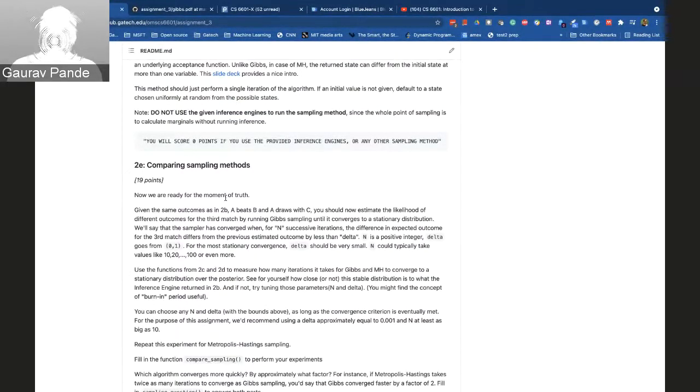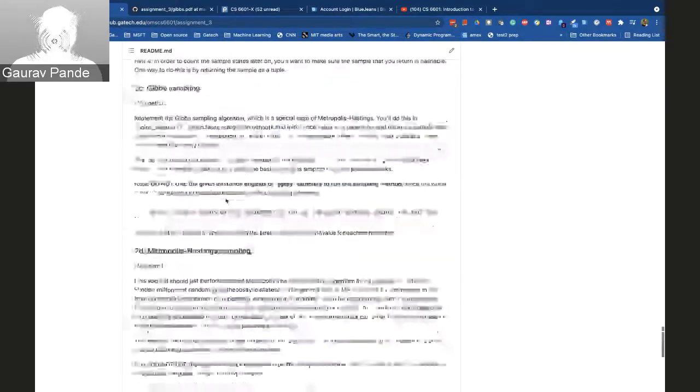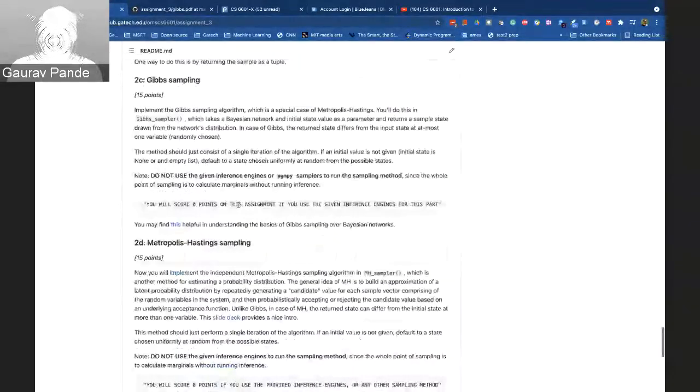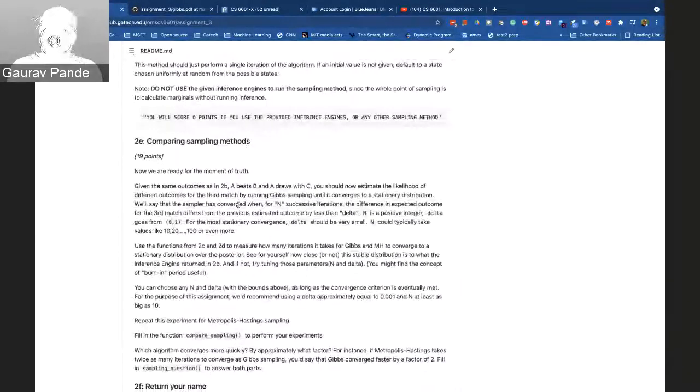So you have three hyperparameters here which you can tweak. The first is the number of iterations that you want to run. Let's say for 100 iterations your Gibbs sampling converges, meaning after 100 iterations you see there is no change in the probability. And if there is a change, the change is called delta, and you decide what delta it is.